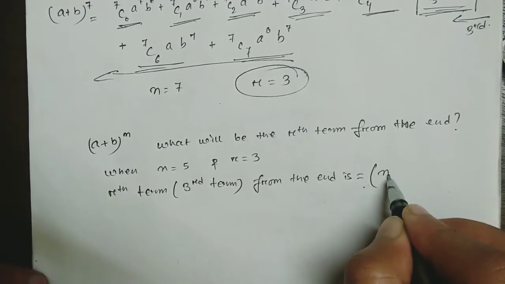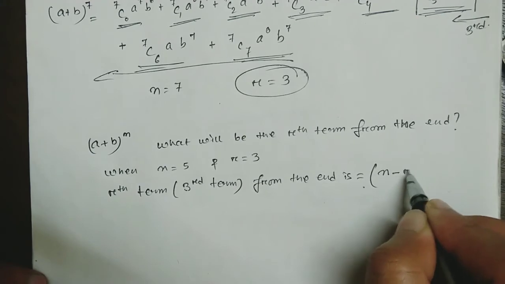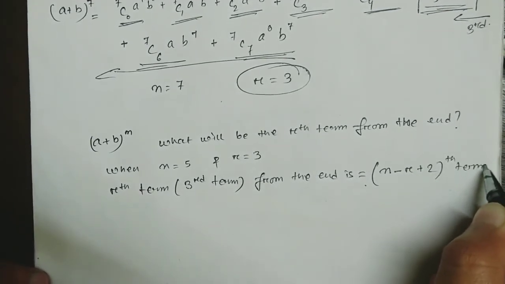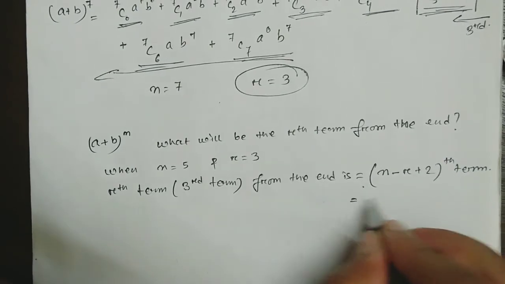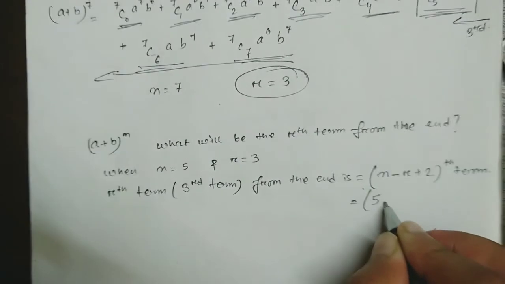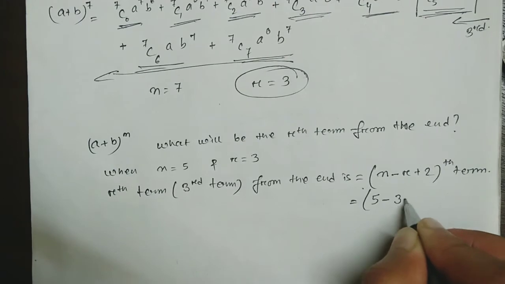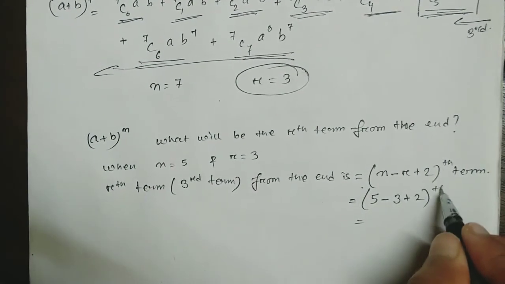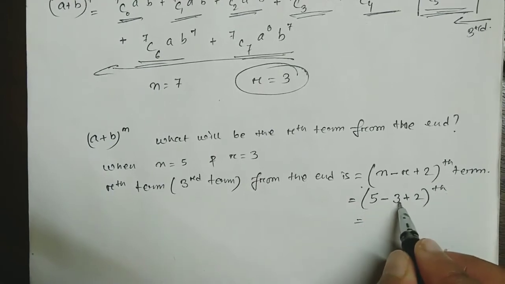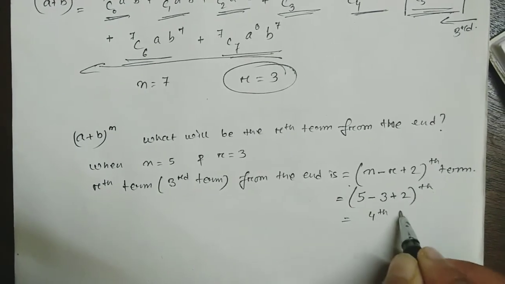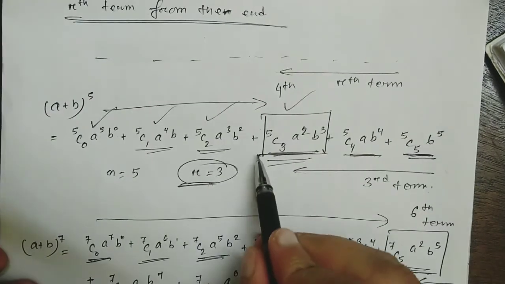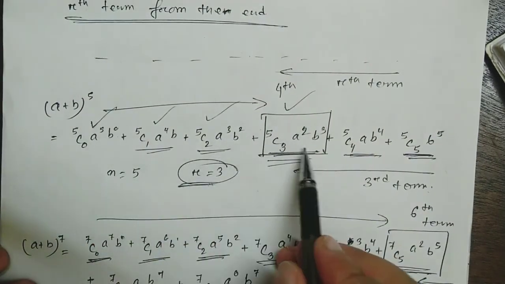Okay, n minus r plus 2th term. How? See, n was 5, minus 3 plus 2. Okay, how much does it come? 5 minus 3 is 2, 2 plus 2 is the fourth term. Okay, just check over here, it was the fourth term from the beginning.